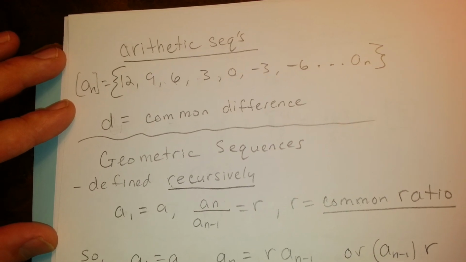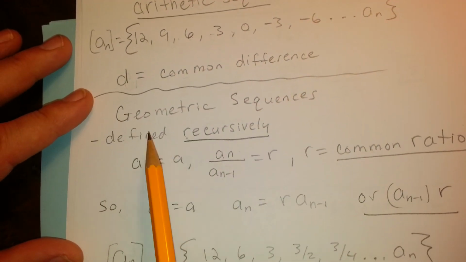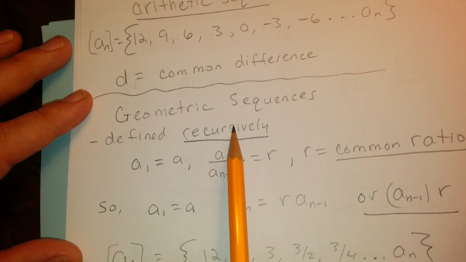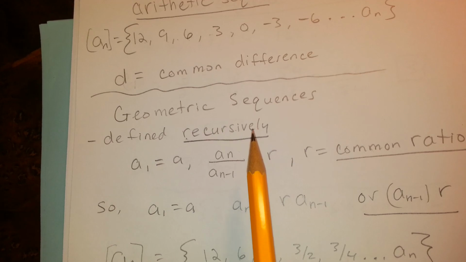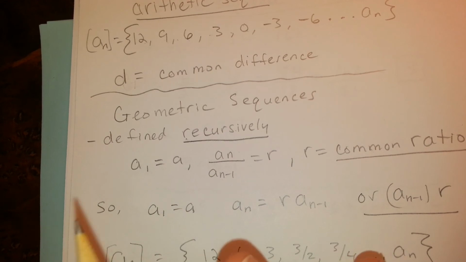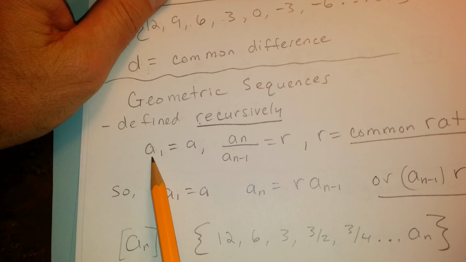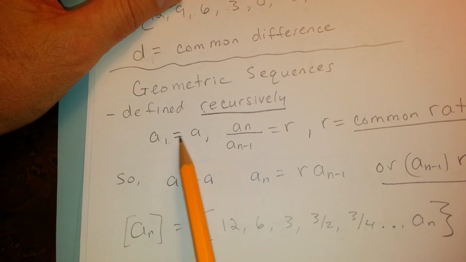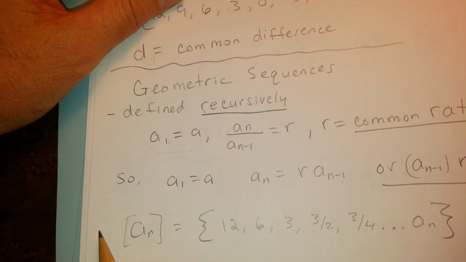Today, we're going to go into geometric sequences. We're going to define them recursively, which means we're going to use one term to define another term. One term might be given, but we'll need another term to help define the sequence. So here I'm going to start off with a sub 1 equals a, defined by the previous term.